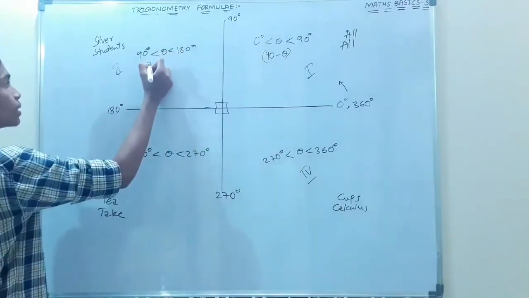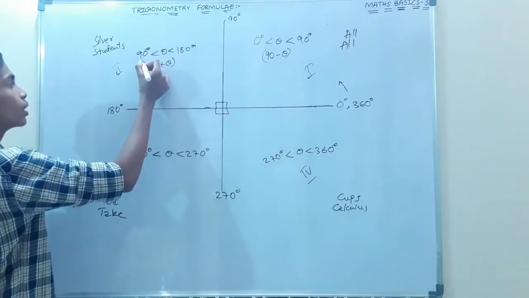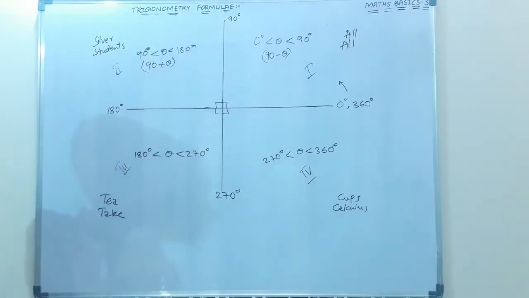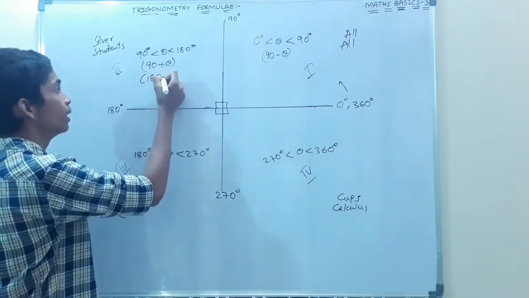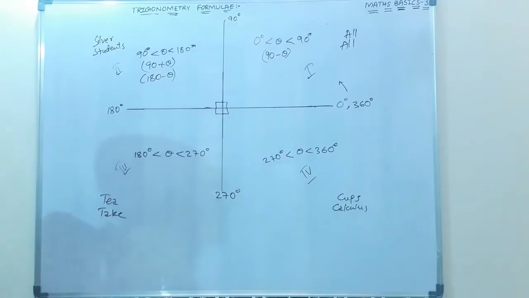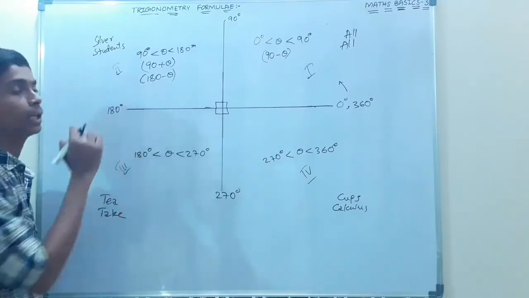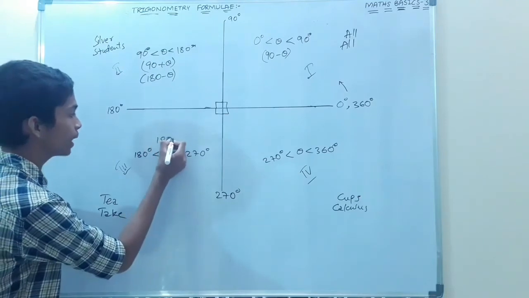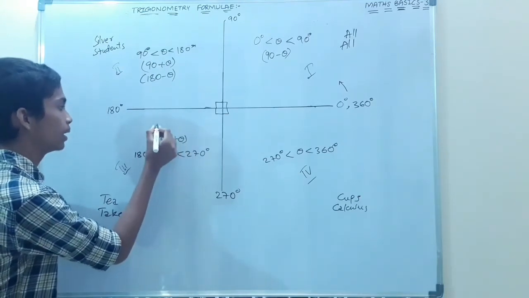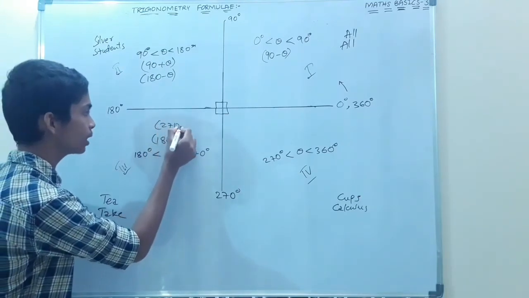And here we represent 90 plus theta, because the angle is greater than 90 and less than 180. Here is our second quadrant, so we represent it as 180 minus theta. And third quadrant, 180 plus theta and 270 minus theta.